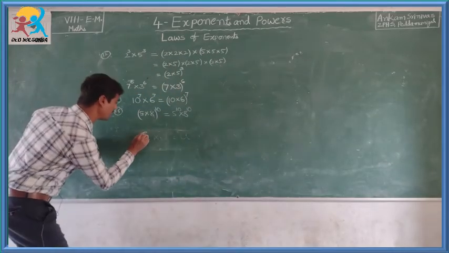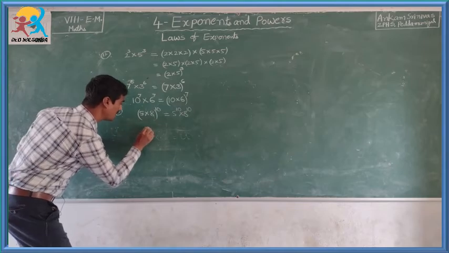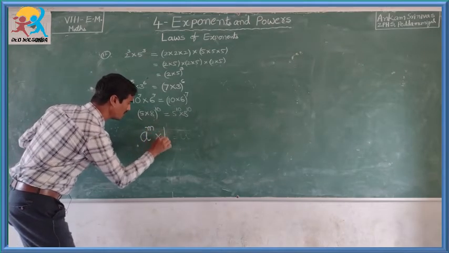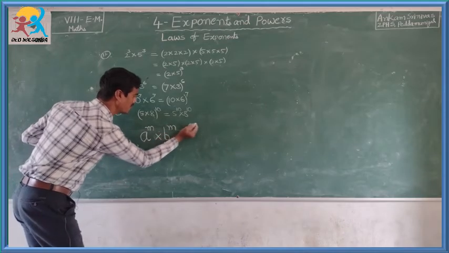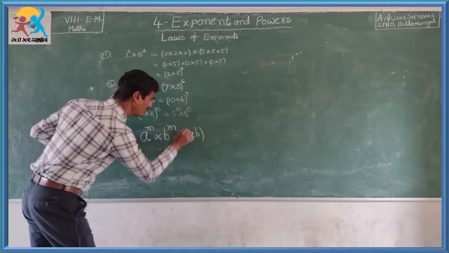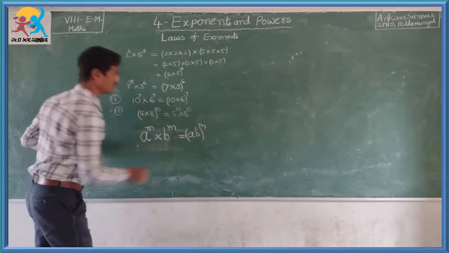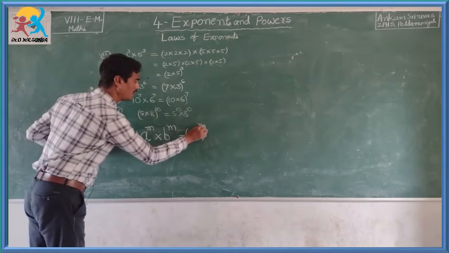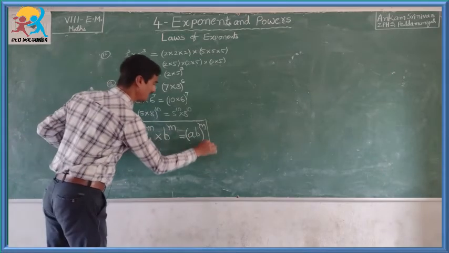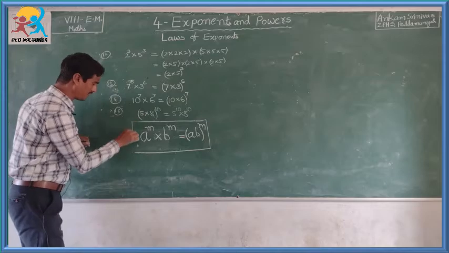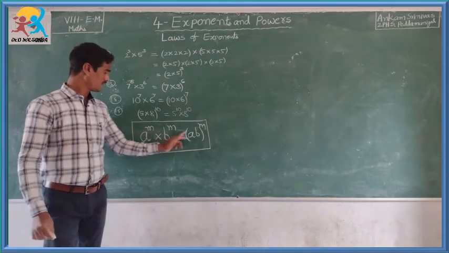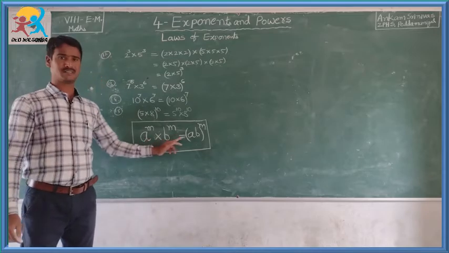If I take the same exponent, a power m into b power m equal to a into b whole power m. Here a, b are non-zero integers, m is the integer. So we can generalize this one.